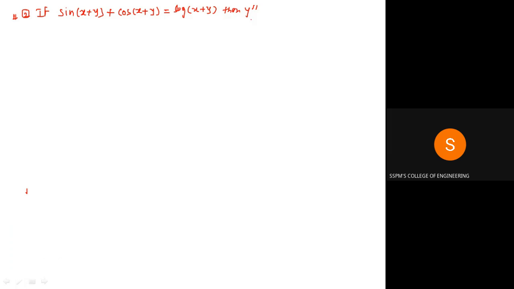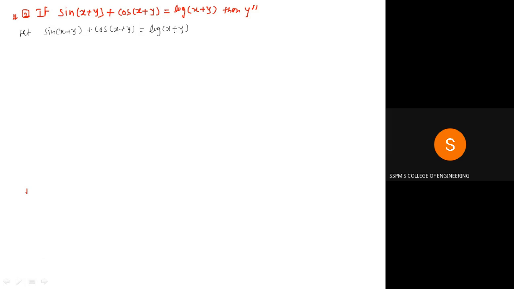So what is this? It is the second derivative. You have to find the second derivative of this function. So how to get the second derivative? Yes, by applying the same result that we have studied in the past. Okay, so let sine of x plus y plus cos of x plus y be equal to log of x plus y.